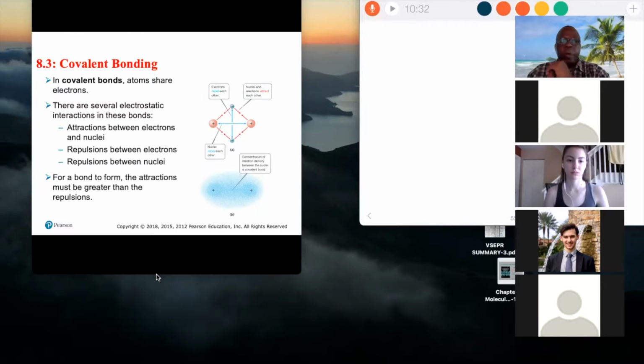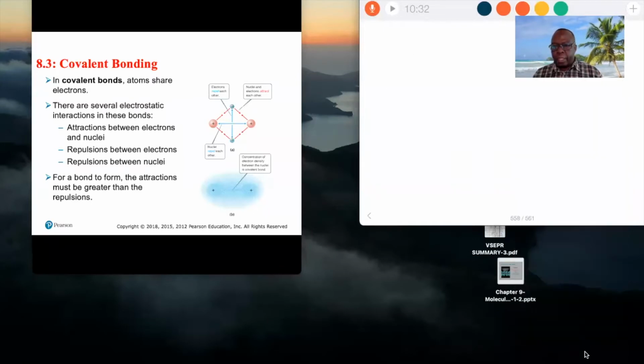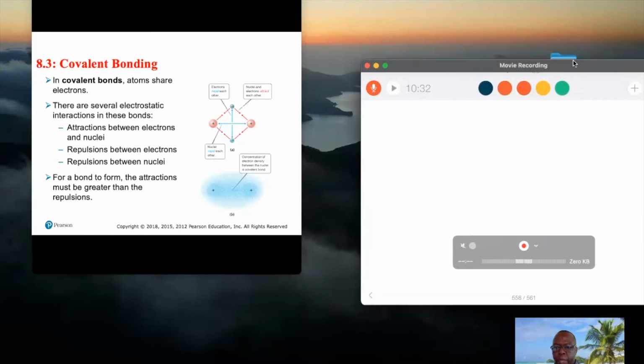Covalent compounds, or molecular compounds, have covalent bonding, and this type of bonding involves sharing of electrons.